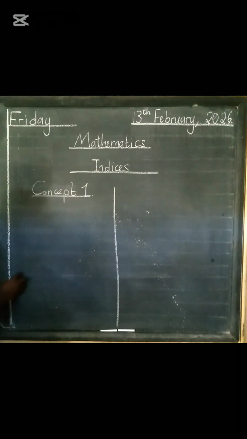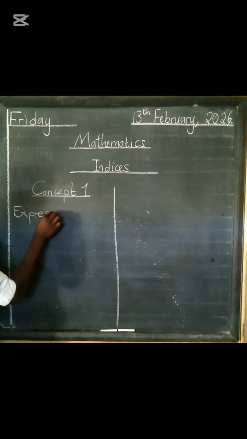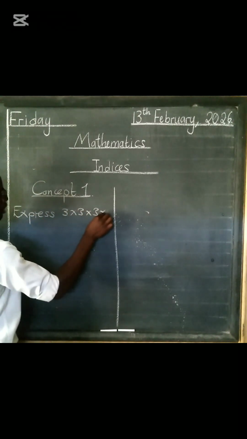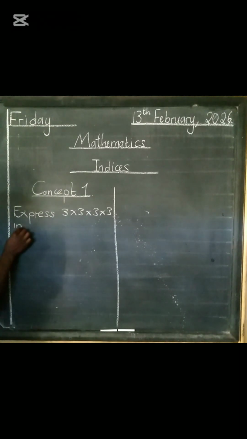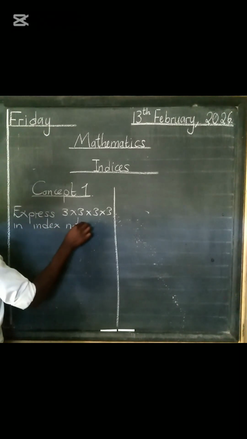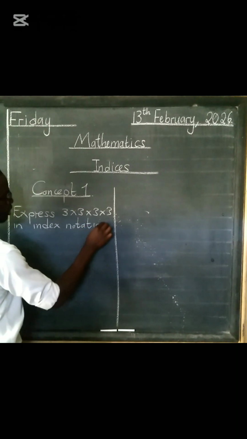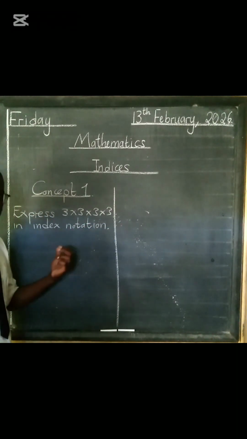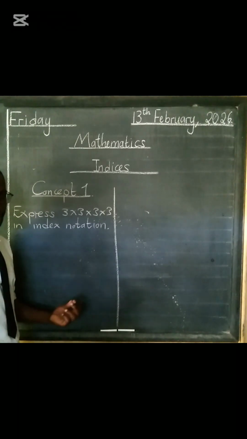looks like this. Express 3 by 3 by 3 by 3 in index notation. This is exactly how the questions are phrased in the exam.